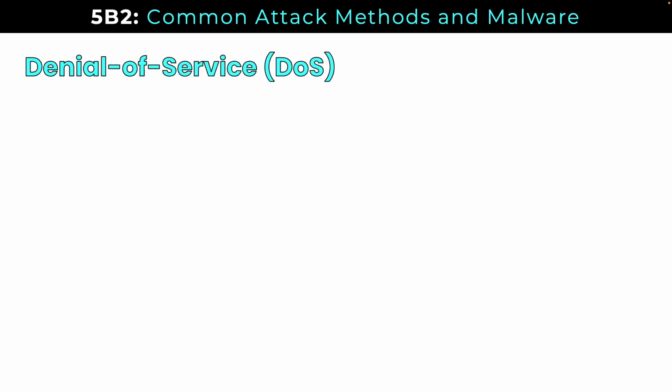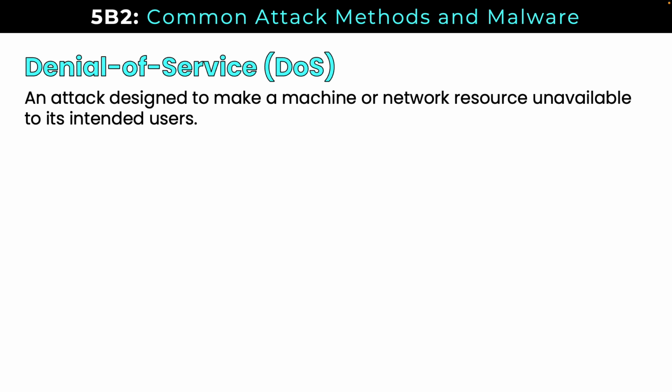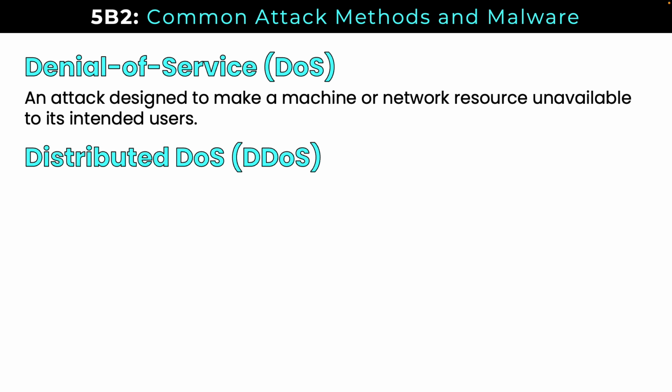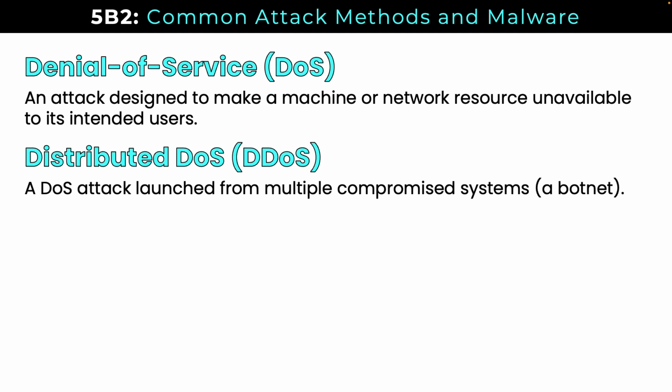So common attacks: denial of service, which is an attack designed to make a machine or a network resource unavailable to its intended user. So it's resource disruption. A distributed denial of service, or DDoS attack, is denial of service launched from multiple compromised systems, typically a botnet.